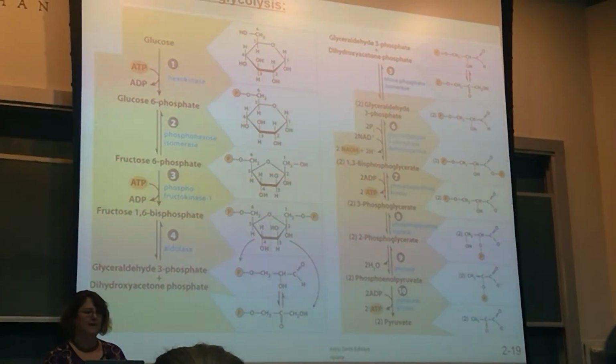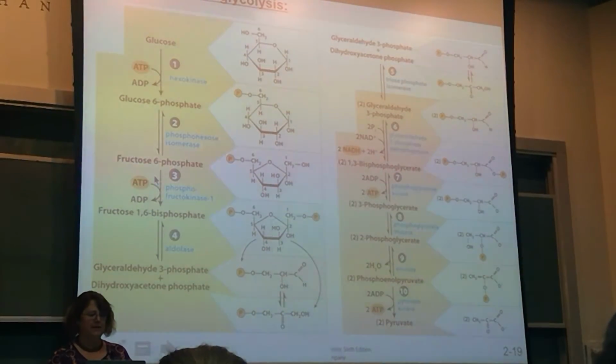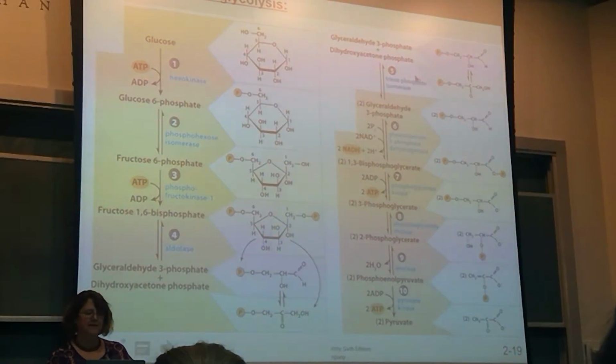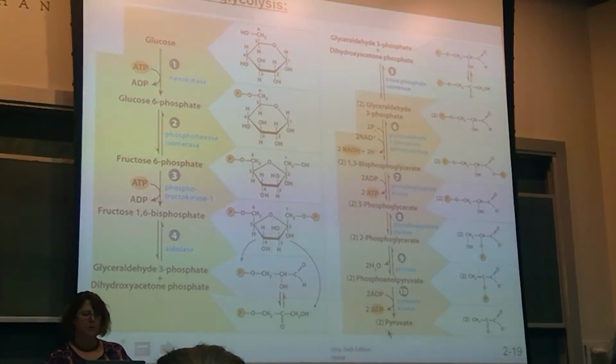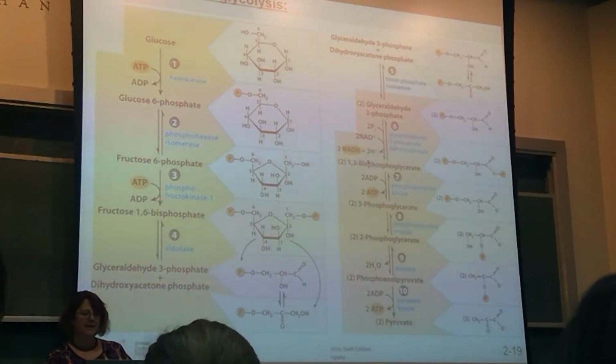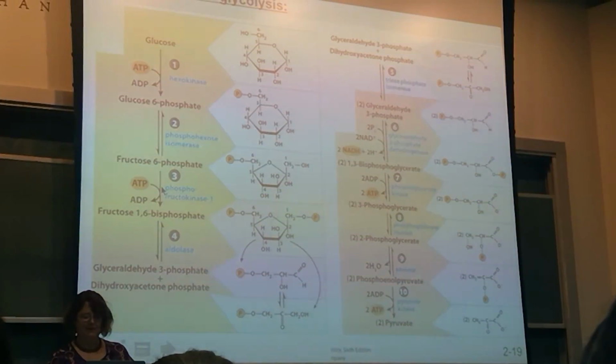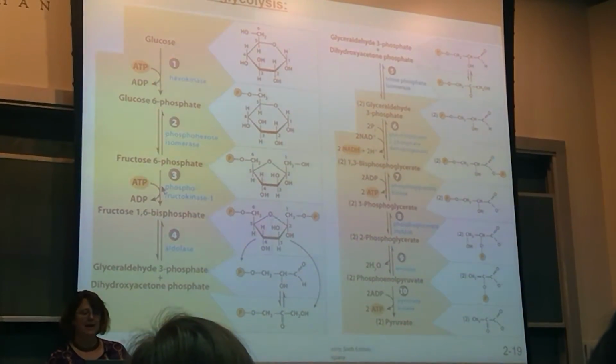You have the prep phase, 1 ATP, 2 ATP. Then you have 2 of these molecules to get to pyruvate, that's why there's a 2 here. You end up making 2 NADH and 4 ATP, so 4 minus 2 is 2. Your net is 2 ATP and 2 NADH.